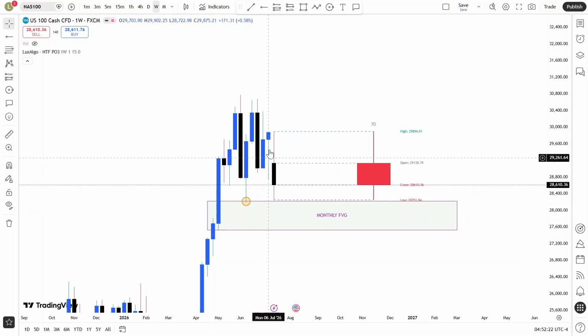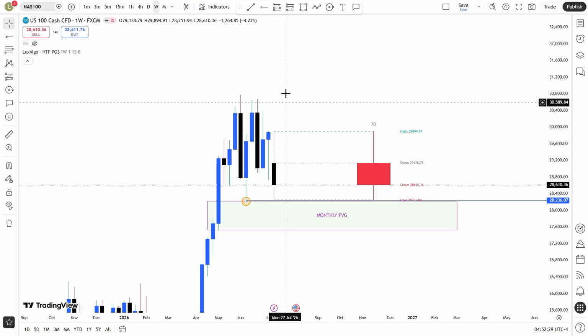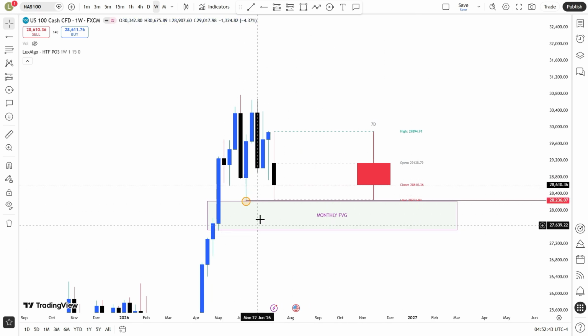Maybe I can make this one red for now, so that people can know. We have this liquidity resting down here, and I want it to be swept. Sweeping this liquidity is one of the conditions that qualify an FVG to hold. We have a liquidity sweep down on the higher time frame, and then we can push higher.